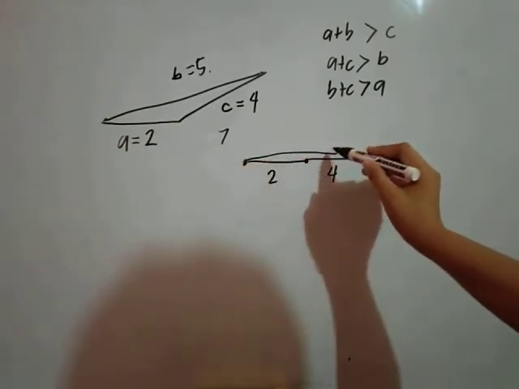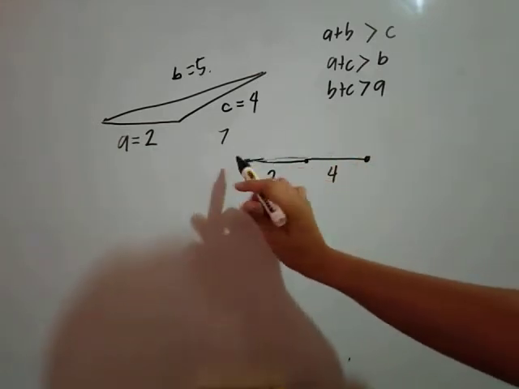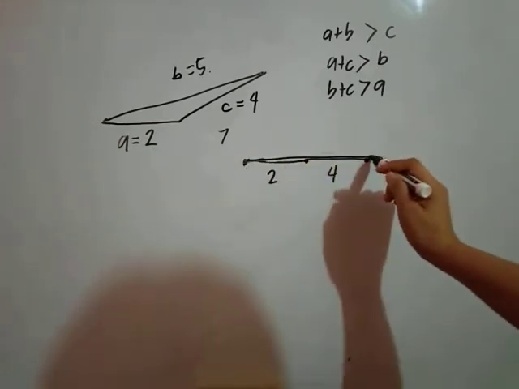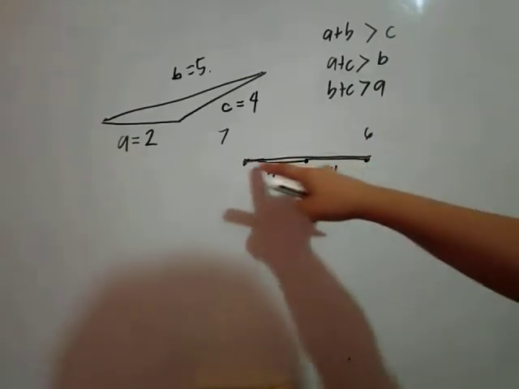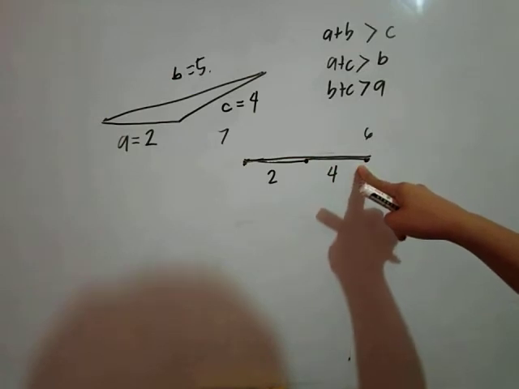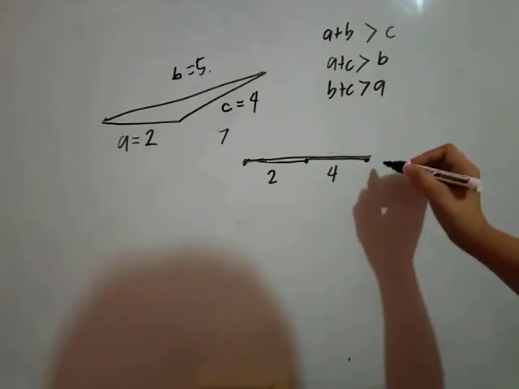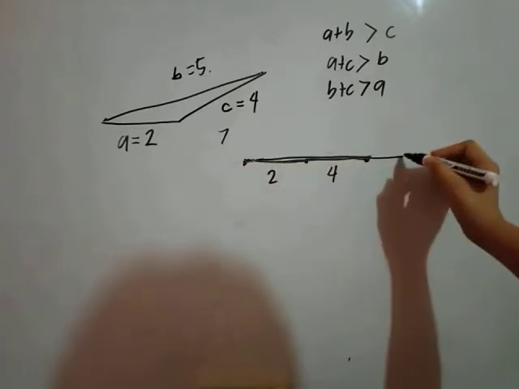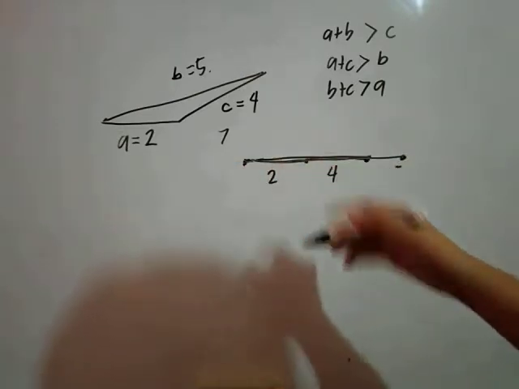Pag kinonnect natin, lampas pa siya. Straight line yung mabubuo natin. 6 na yung maximum, pero straight line na yan, wala pa rin tayong mabubuong triangle. Lalo na kaya kung 7 yung third side natin, wala kayong mabubuong triangle dyan.